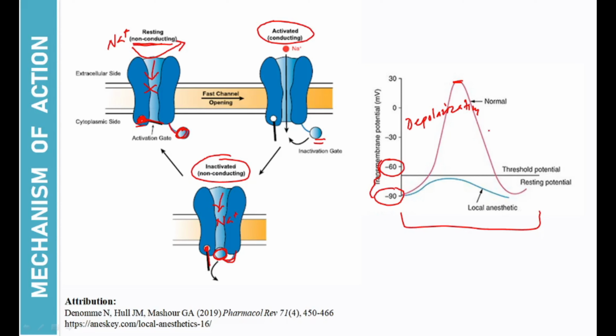This is called repolarization. Potassium ions, which are positively charged, go outside the membrane because the potassium concentration is more inside, so the action potential comes down and returns to the resting potential.